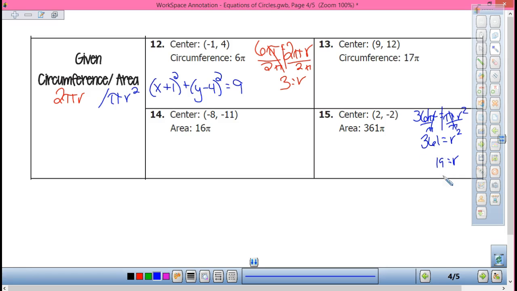Here's one question for you. Did we even have to take the square root? Do we need r? Not necessarily, because we really like to have r squared, right? Because I've got (x - 2)² + (y + 2)² = r², which is 361. Fun time, said by all.